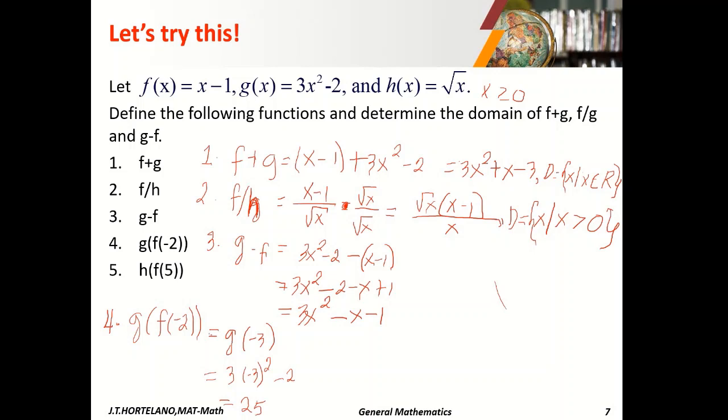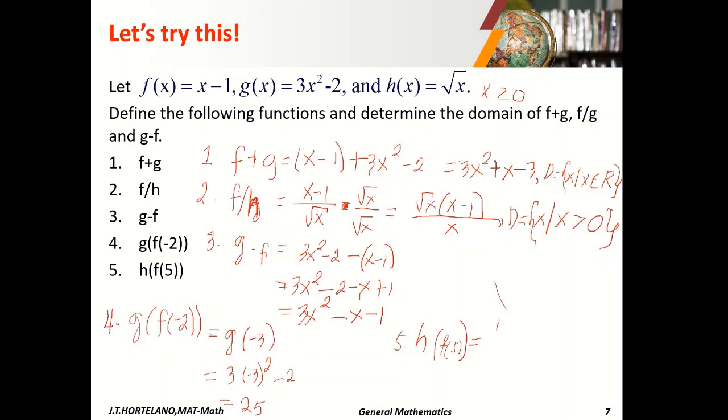Last, number 5. Number 5 is h of f of 5. So, pwede mo munang kunin yan, yung f of 5. F of 5 is 4 because 5 minus 1. Okay, so 5 minus 1 is 4.